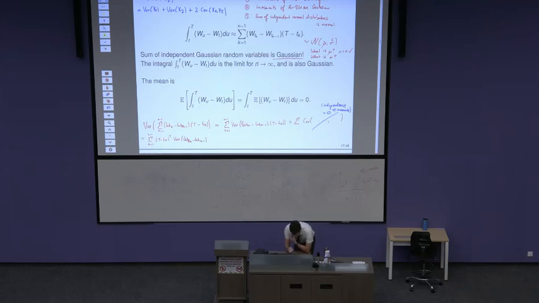The variance of that is just, we know the distribution of increments, right? It's a normal distribution, and the variance is just the increment in time. So this means the variance here is just t_k minus t_{k-1}.